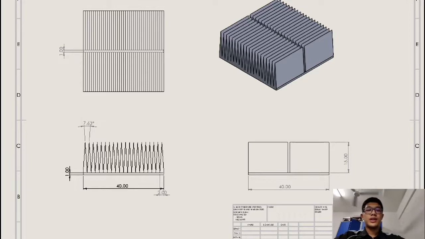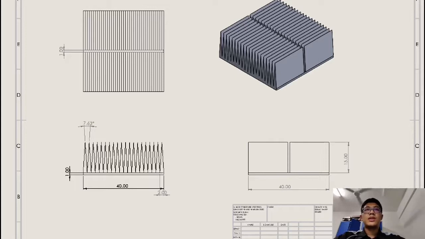For design number 2, we have pointy fins. The pointy fins have 40 triangle fins, with 20 fins on each side and a 1mm gap between fins.